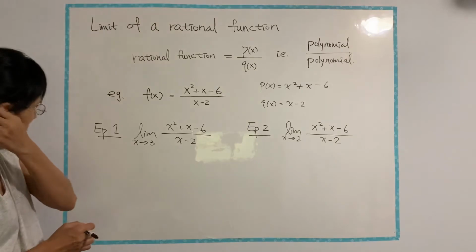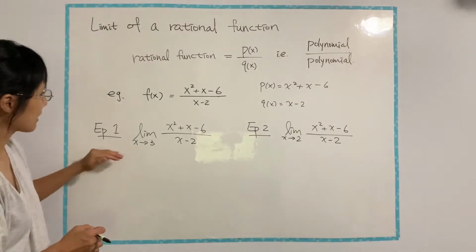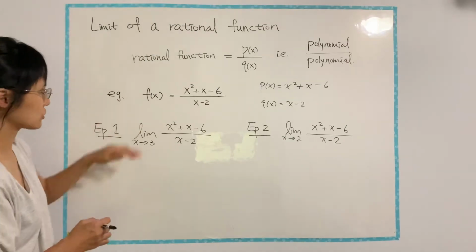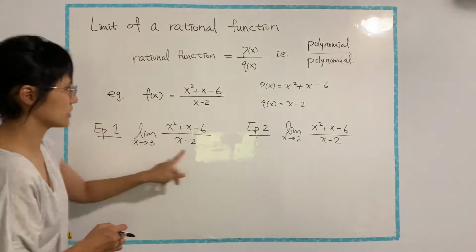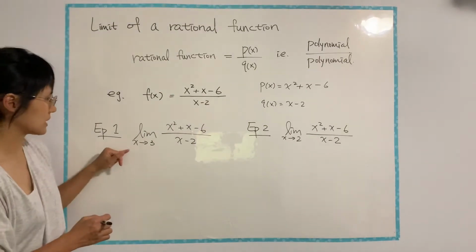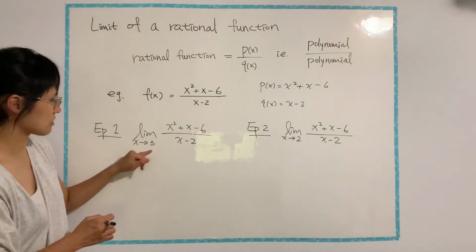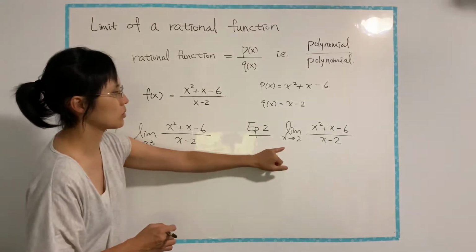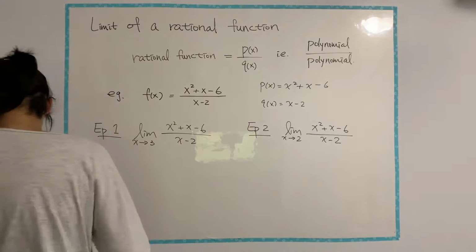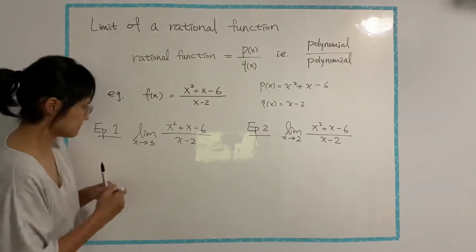Okay, so suppose we want to take the limit of this rational function f of x, but at different points. So the first one, we want to have x approaches 3, and the other one, we want to have x approaches 2. So let's pay attention here.